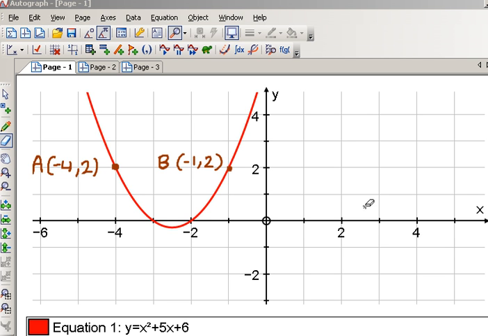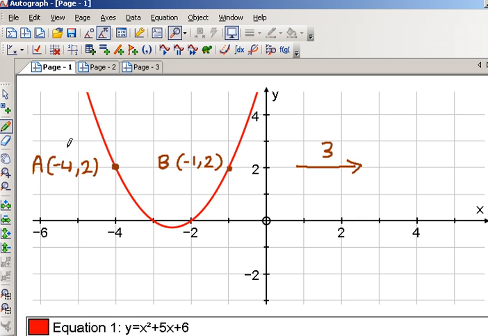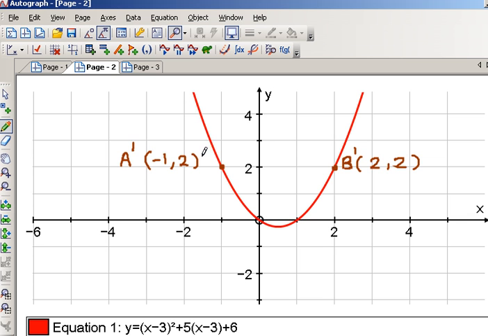So moving the graph 3 units in this direction will mean the whole curve will shift to the right by 3 units, including points A and B, and then we will have this graph. And just going back, you can see the x coordinate for A is -4. If it moves to the right by 3 units, it ends up at an x coordinate of -1. There.